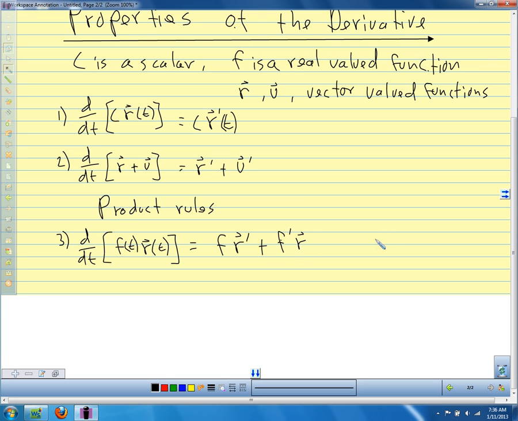That one's just our familiar product rule. F is a real valued function. The derivative of a dot product: r dot u prime plus r prime dot u.